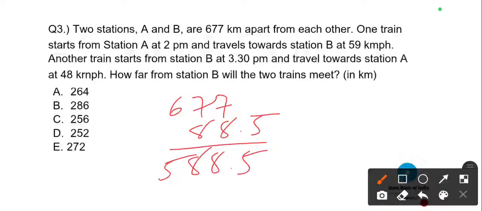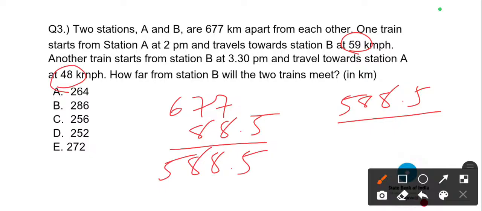Okay, now the question asked is when they meet, which means the distance 588.5 divided by the relative speed. 59 and 48 are traveling in opposite directions. Sum of these speeds will be 107.